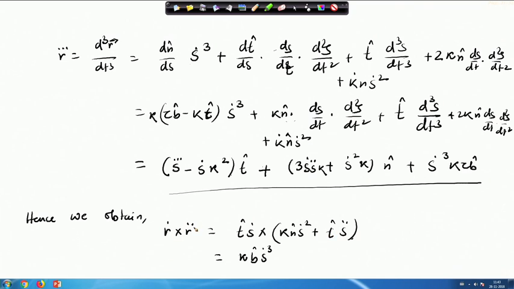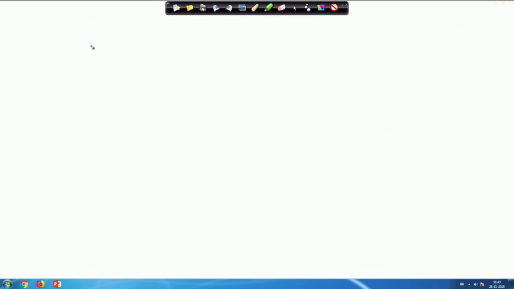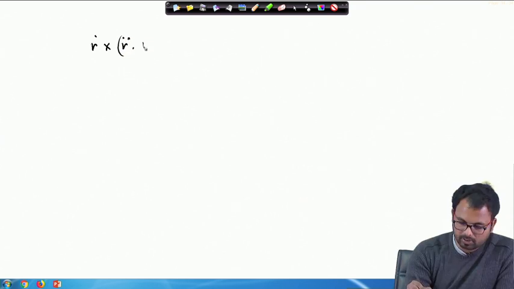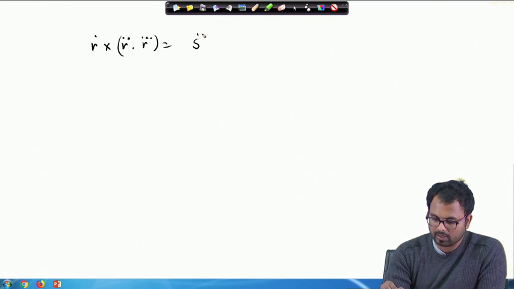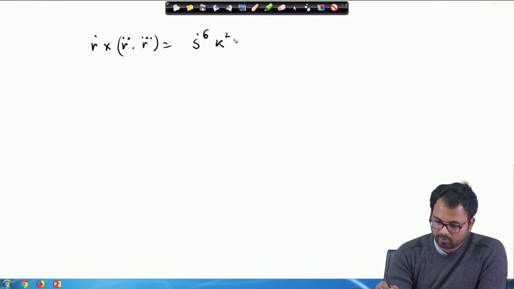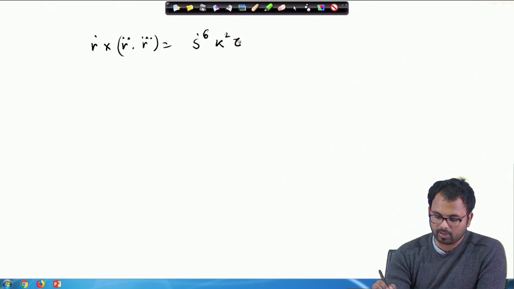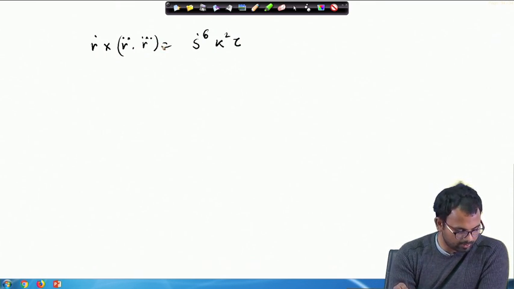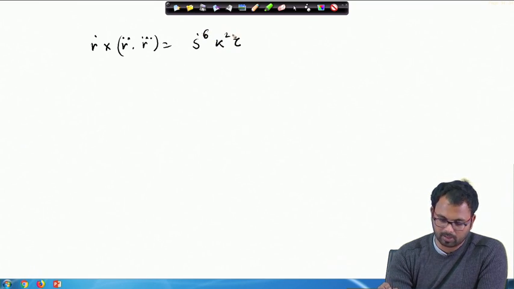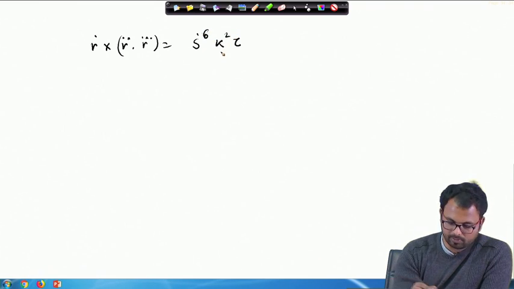So, ultimately r dot cross r double dot is kappa times b cap s dot to the power 3, and if I take r dot cross product with r double dot dot product with r triple dot, similarly we can calculate, and this will yield s dot to the power 6 kappa square tau.